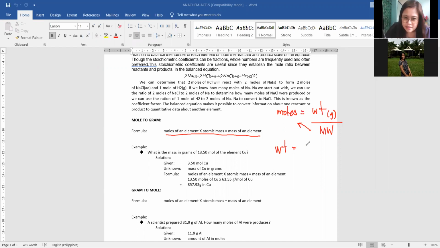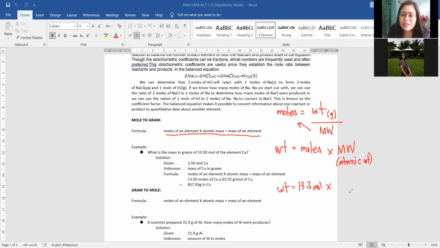Weight or mass is now equal to the moles of the substance or the element times its molecular weight, or since element atong ginaistoryahan din we call it the atomic mass or the atomic weight. So for the example, the given there is 13.50 moles. So to get the mass or the weight of the element, you will just have 13.50 moles times the atomic weight of copper.